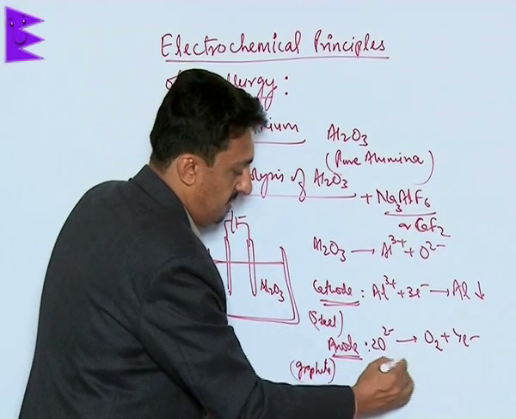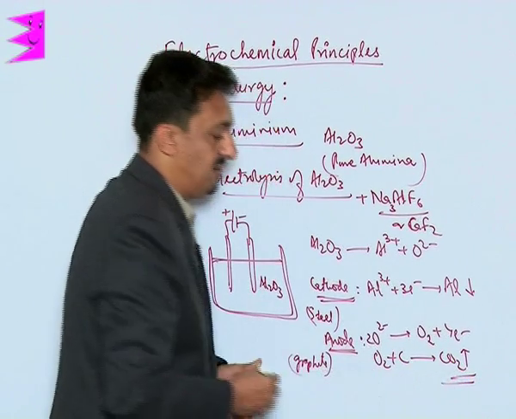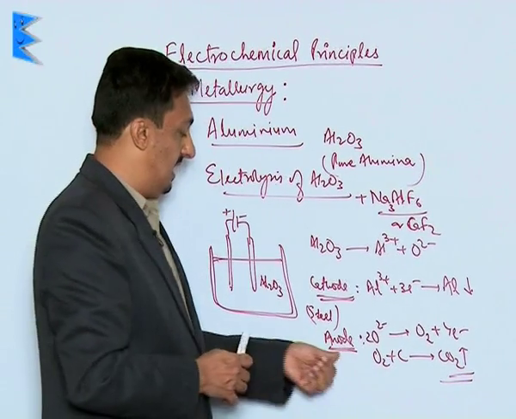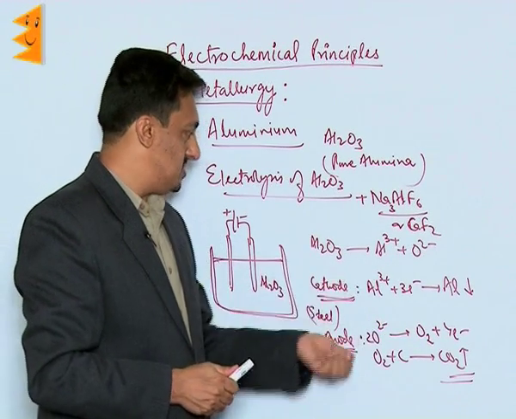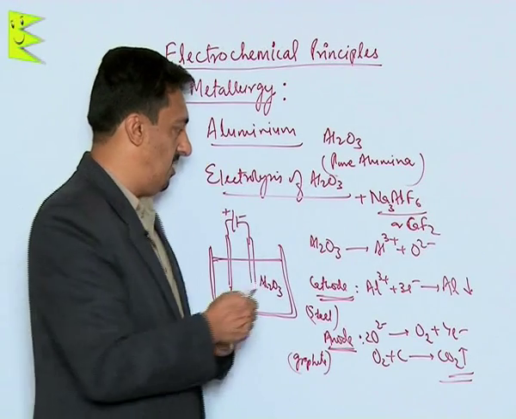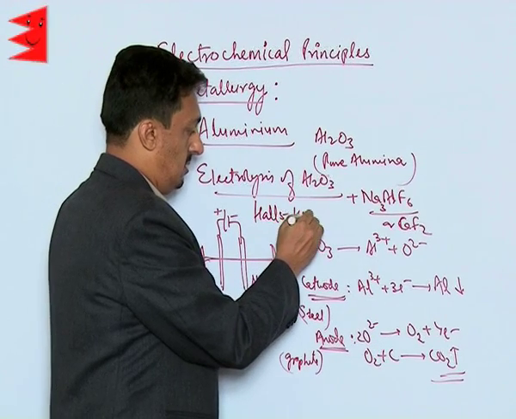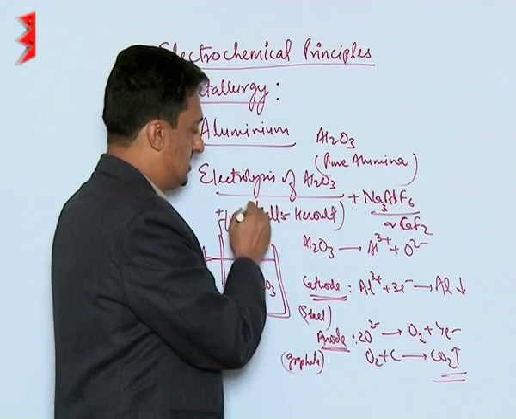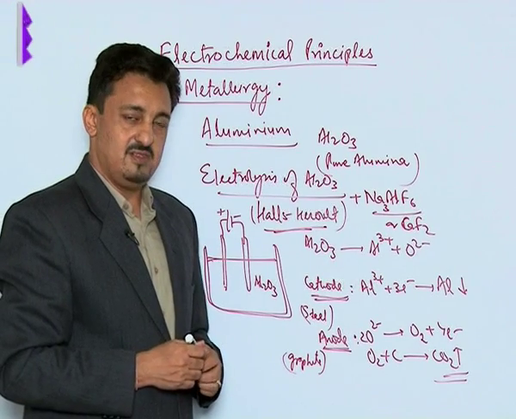So this oxygen combines with the carbon of the graphite to form CO2. It is CO2 which is obtained at the anode, and not basically the oxygen. This is how the electrolysis of aluminium oxide is done, which is called the Hall-Heroult process.